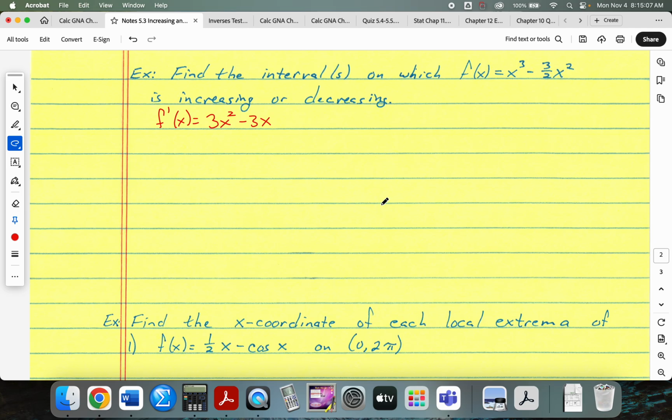Because people tend to go straight to finding the zeros of the derivative, and then they forget about looking for places where the derivative doesn't exist. But this is a polynomial. It exists for all x, so that's not a problem for us here. So we'll set this equal to 0. And with polynomials, we always factor. We find x is 0 and x is equal to 1 are our two critical points.